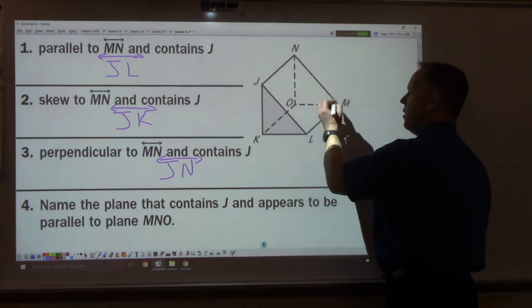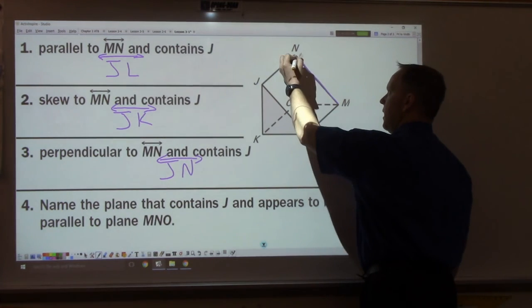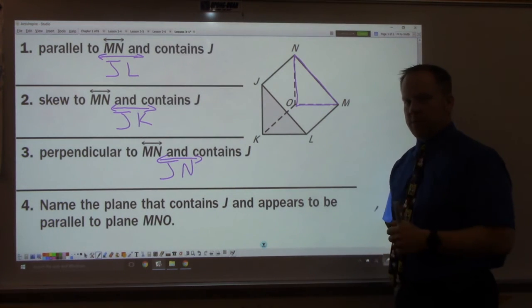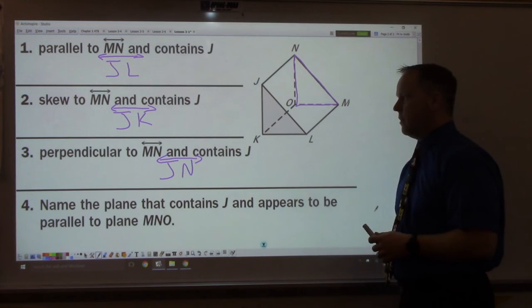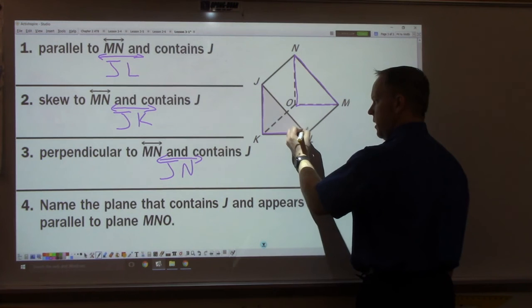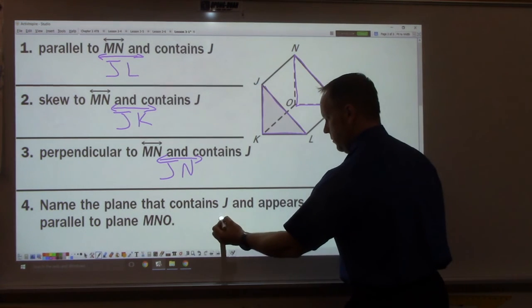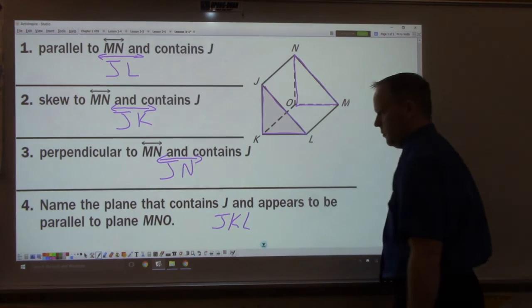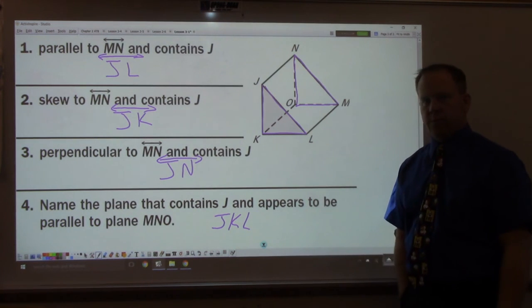Where is MNO? MNO appears to be the back of the prism. So what is parallel to the back? That would be the front, J, K, L. Here's the answers for the first 4 questions.